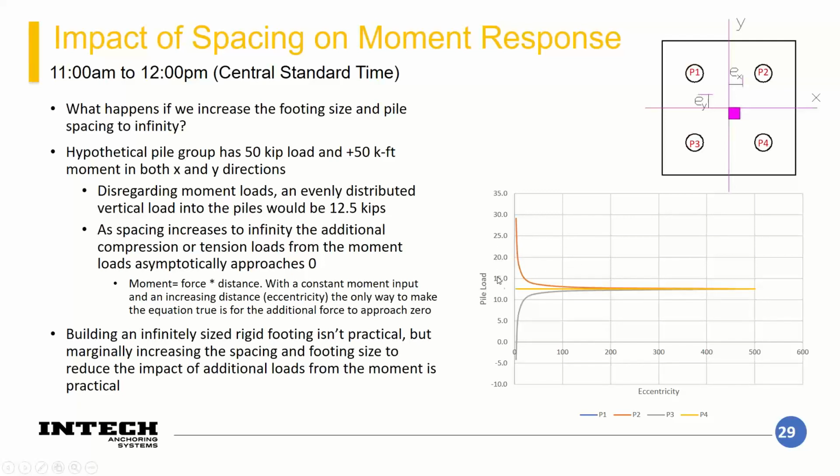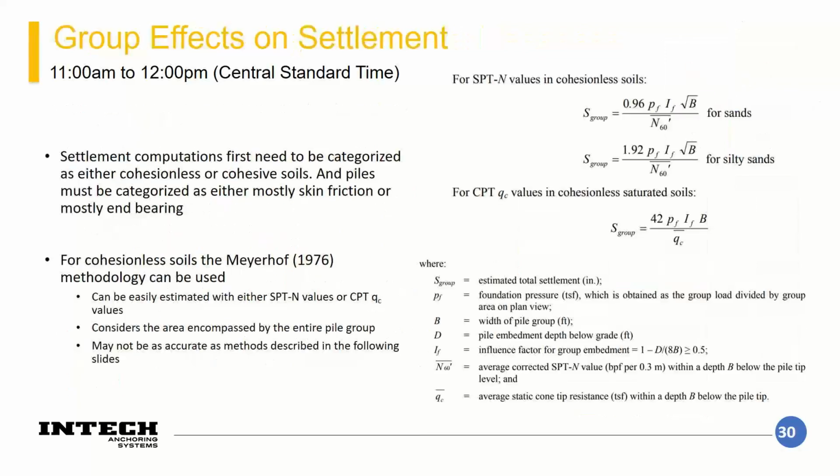And these are pretty small numbers, but if this was a much higher load, obviously it would make a bigger impact. So really it's about the percent change, this is a 50% drop from 30 kips to 20 kips without a significant increase in footing size. So you can definitely play with the size of your footing and your pile spacing to mitigate some of the effects from high bending moments from the superstructure.